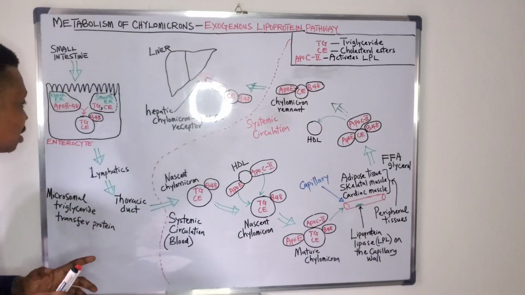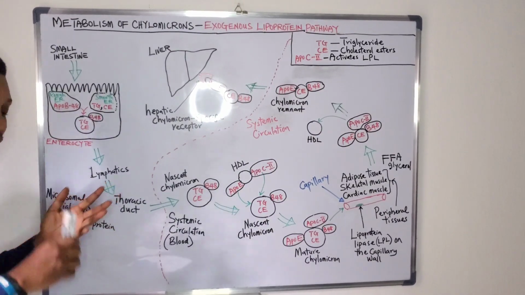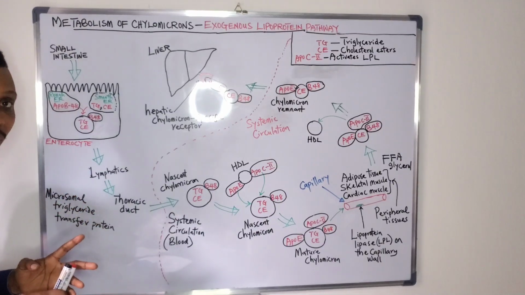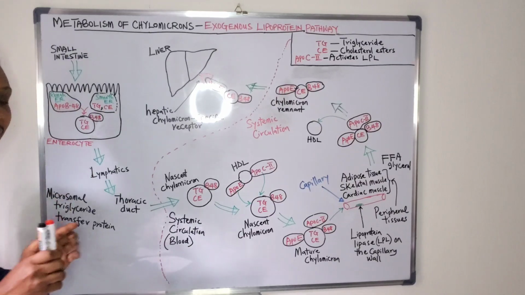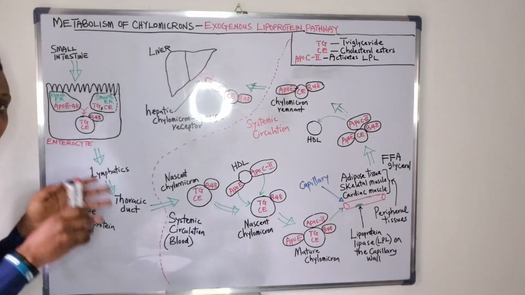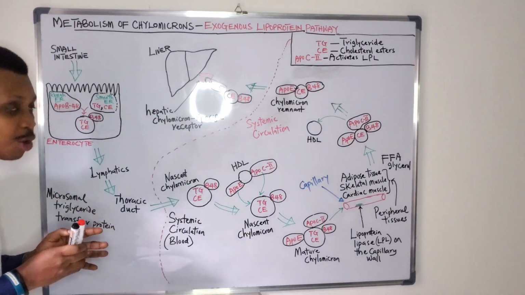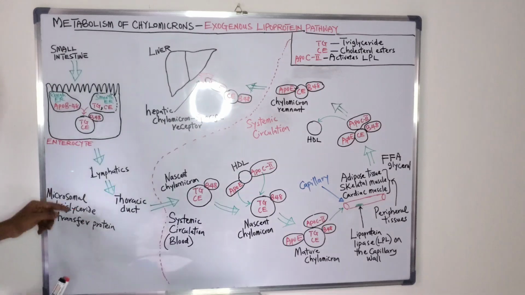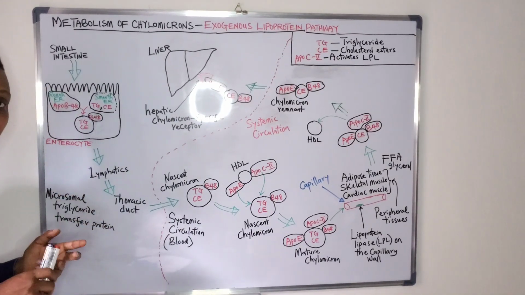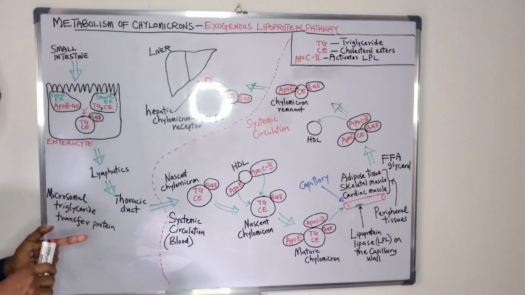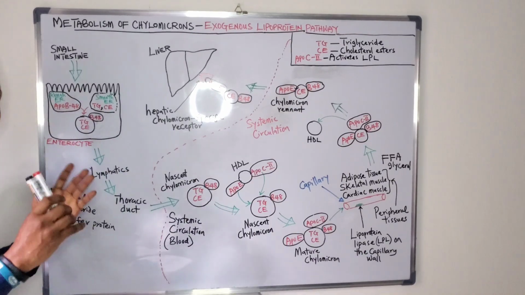What this protein does is ensure that ApoB48 is bound to the triglycerides and the cholesterol esters together with phospholipids. Remember, I stated that in the bile, phospholipids are also present, and so these phospholipids will also form part of the chylomicrons. So this protein ensures that triglycerides, cholesterol esters, phospholipids, the free cholesterol, and this ApoB48 are bound together.